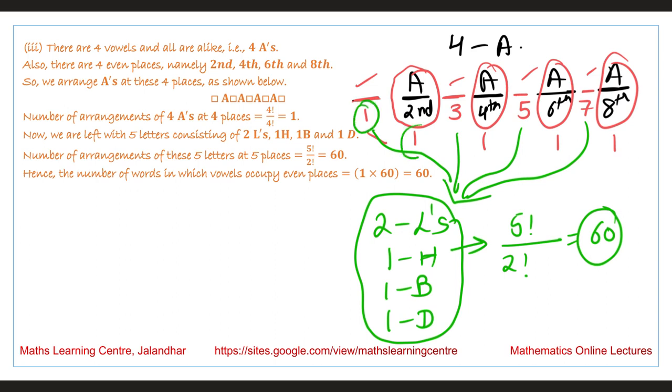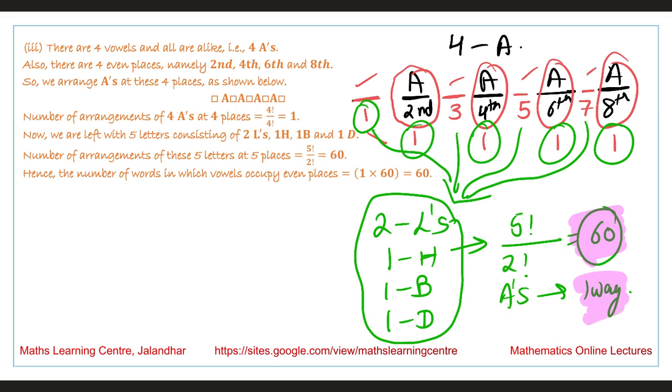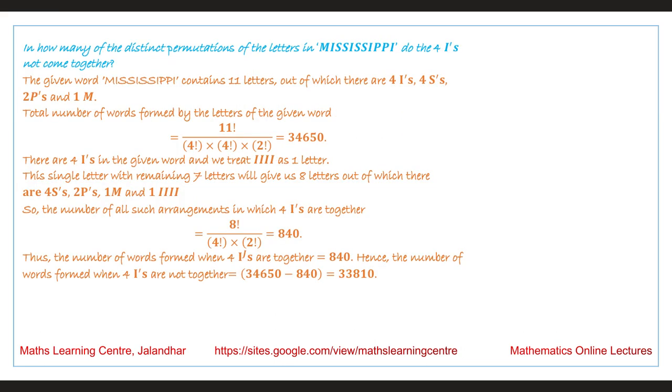For these values, the A's can be arranged only in one way. So the total number of ways is the product of these two, that is 60 into 1. So the number of words in which vowels occupy even places will be 60.